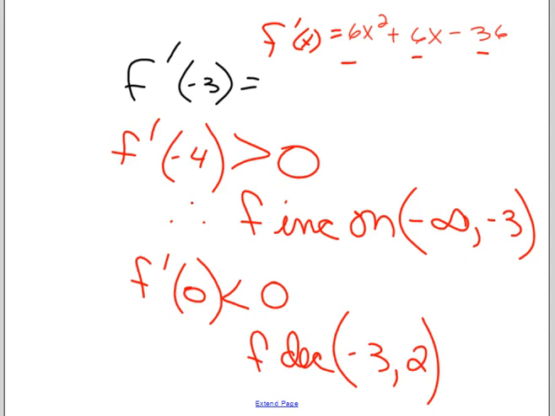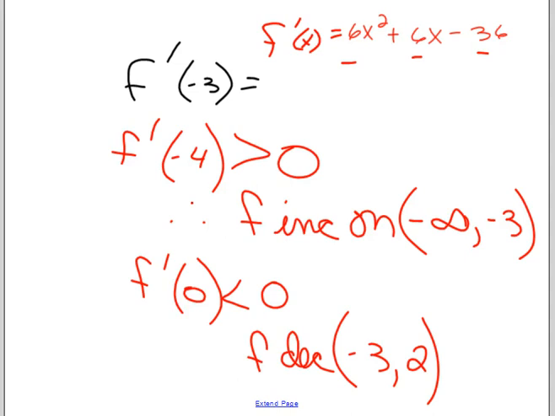Because at -2, it's 0. Oh, I'm sorry, at +2, it's 0. At -3, it's 0. At +2, it's 0. And it's negative in between. So it's decreasing everywhere in between. There's no other zeros in there, so it can't zigzag mysteriously in the middle, unbeknownst to me.